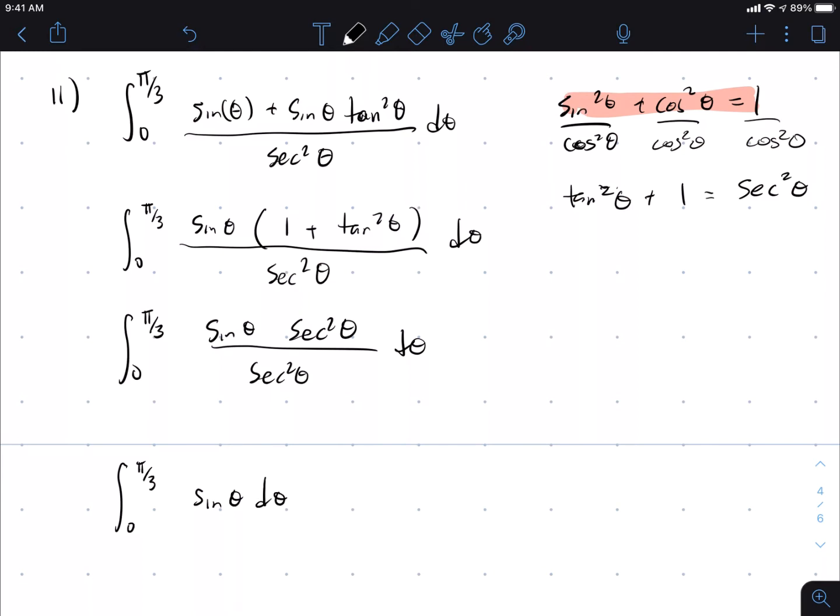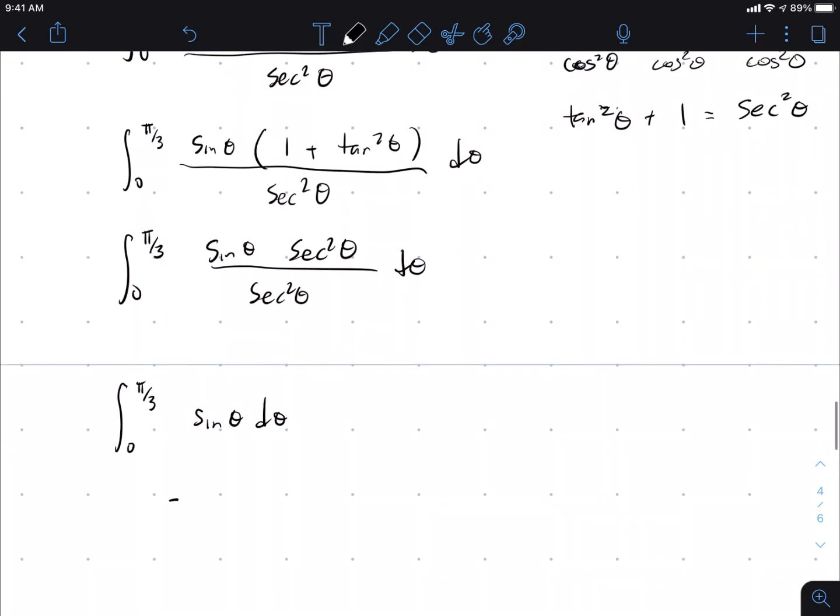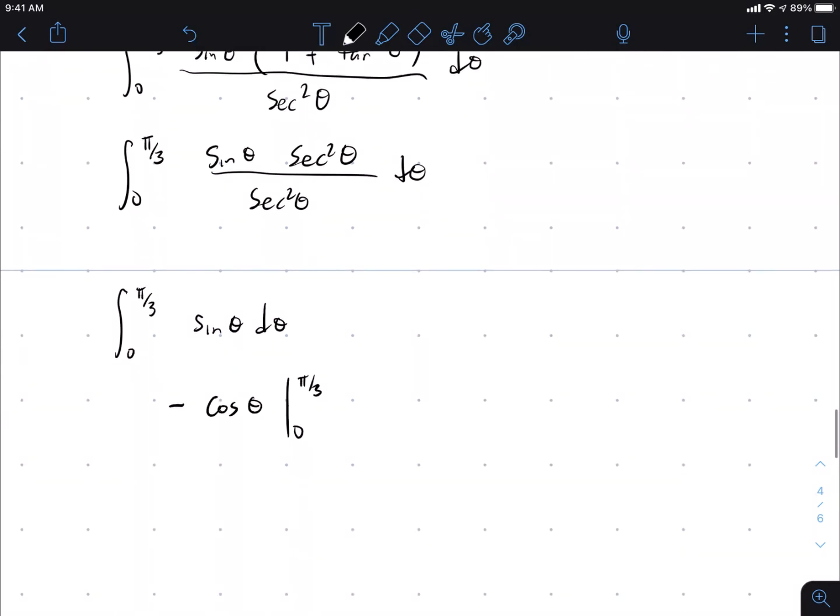Can you tell me what is the integral of sine? It's going to be negative cosine theta, and we're going to evaluate from 0 to pi over 3, correct? So that's going to give me negative cosine of pi over 3 plus cosine of 0.